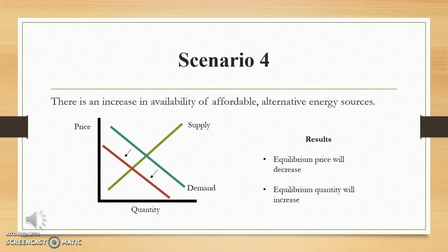In the oil industry, that may be E85, which is a little bit less expensive. And if it becomes even less expensive and more readily available, that's going to make our quantity increase because we're selling less gasoline at these gas stations. And what this is going to do to our demand curve is it's going to move it to the left. And that's what happens when we have the price decrease and the quantity increasing.